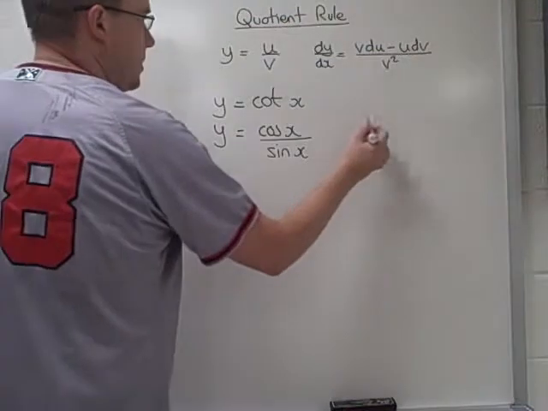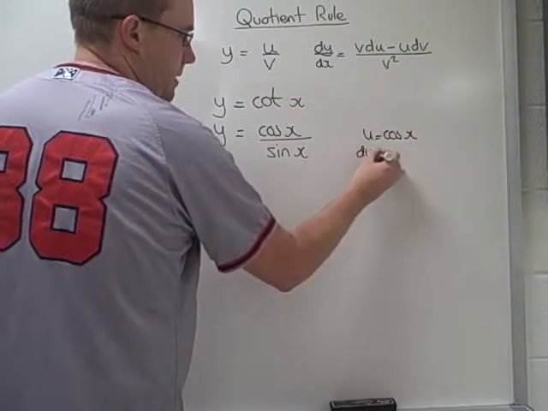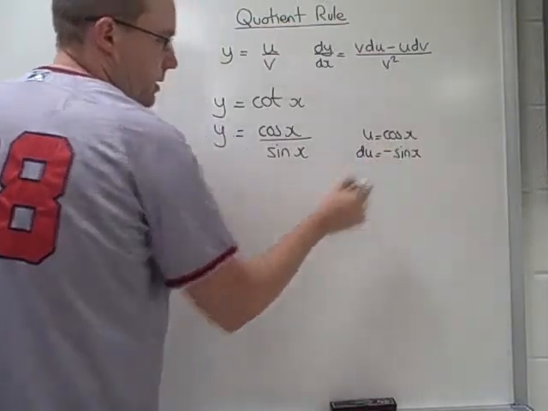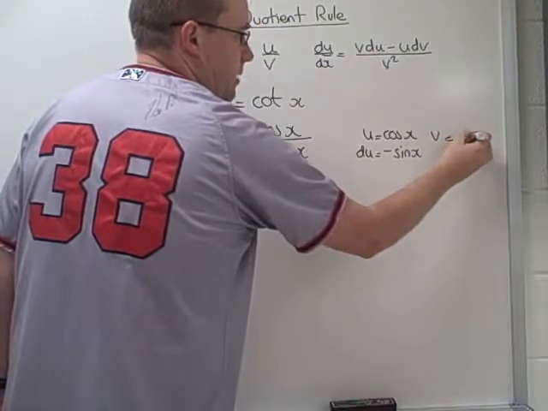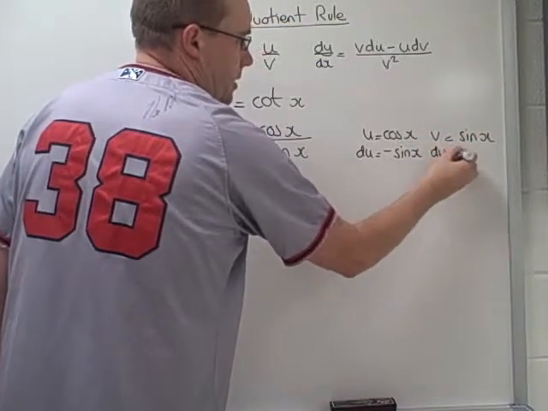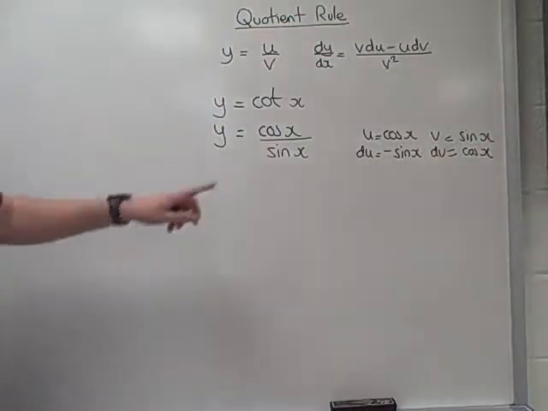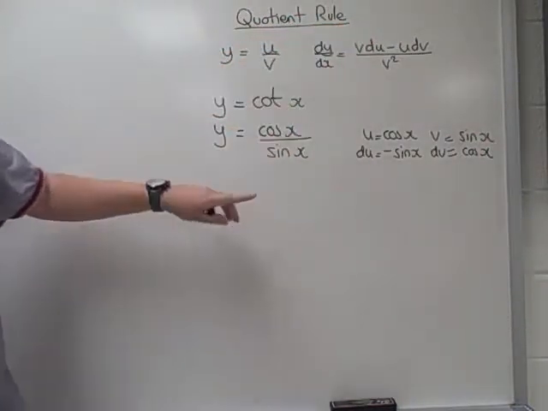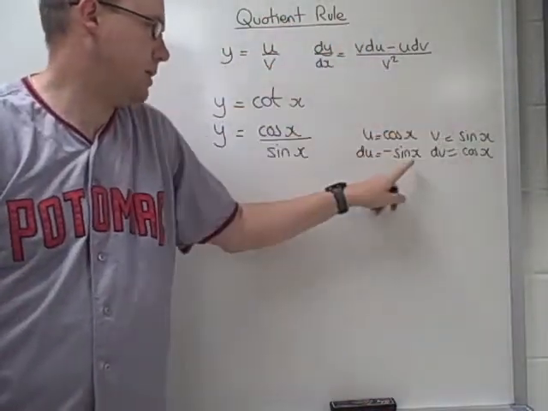So if we set our top term u equals cosine x, and when we differentiate that, we get negative sine x. And our other term is the denominator, v, which is sine x, and the derivative of sine x is positive cosine x. Then using this formula, we can start to work out what the actual differential would be. So v times du, so this times this.